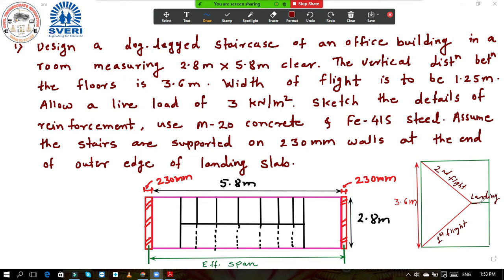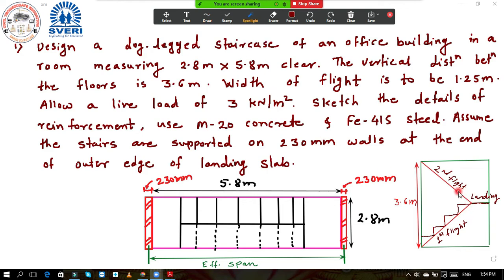This line represents the landing, and your steps may be like this somewhere. This is for your understanding. I am drawing, and the next steps will be here.